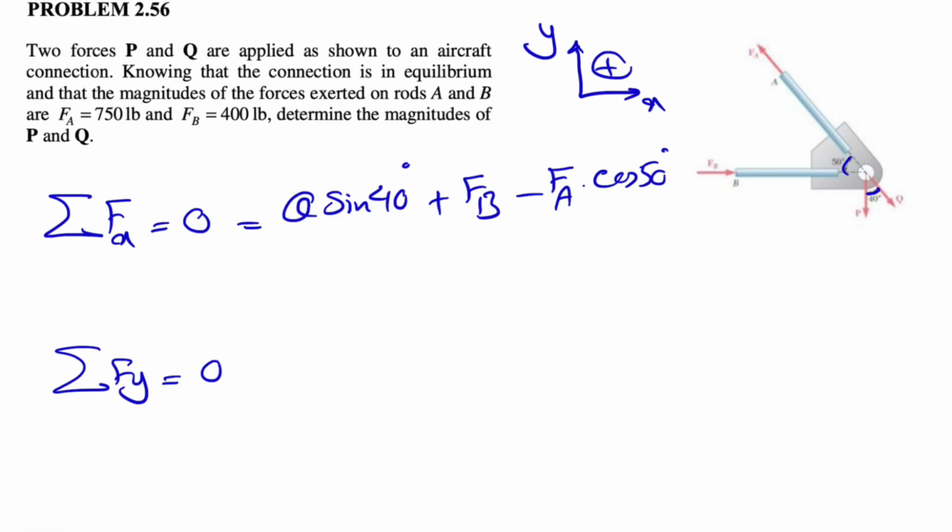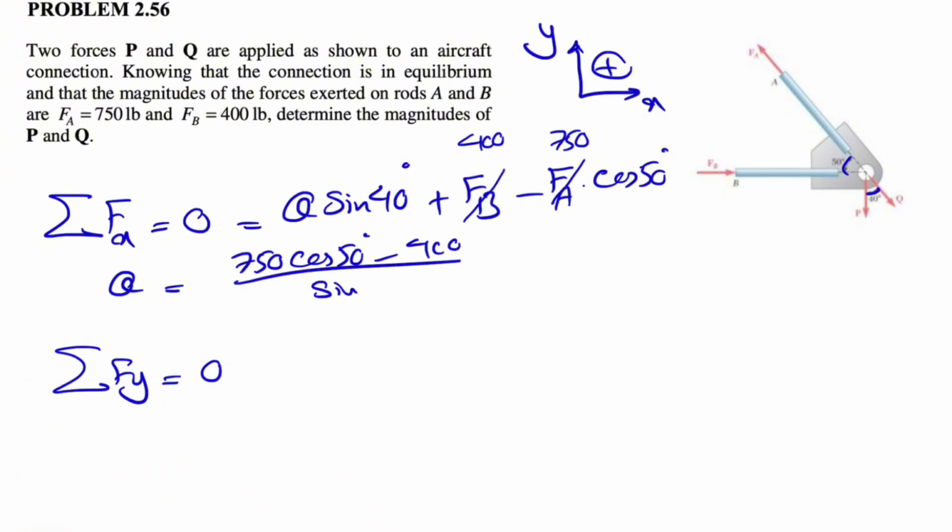We already know FA and FB. We know FB is 400 and our FA is 750 pounds, so we should be able to find Q. If we bring everything to the other side of the equation, Q would be 750 cosine of 50 degrees minus 400, divided by sine of 40 degrees.